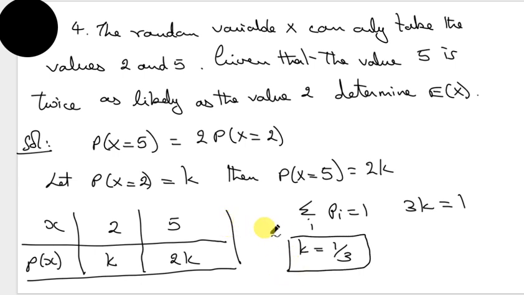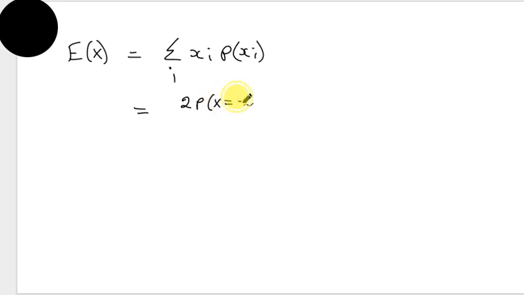Once you get k equal to 1 by 3, I have to find E of x. So my E of x equal to summation xi into p of xi over i. It takes values only 2 into probability of x equal to 2, plus 5 into probability of x equal to 5.